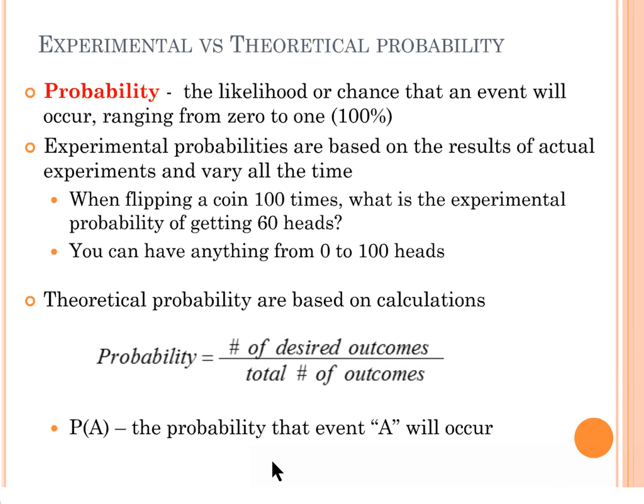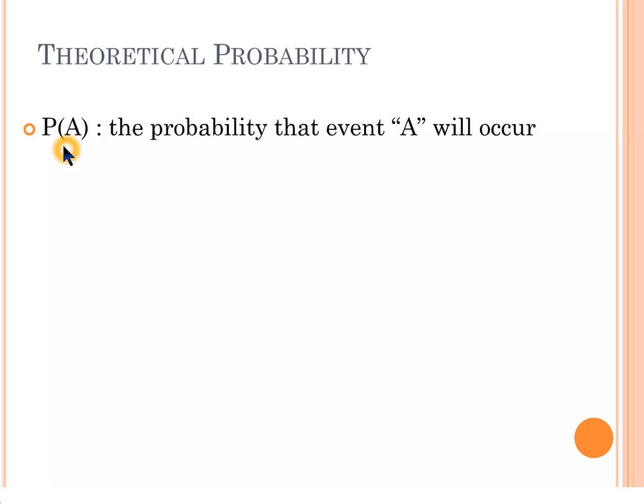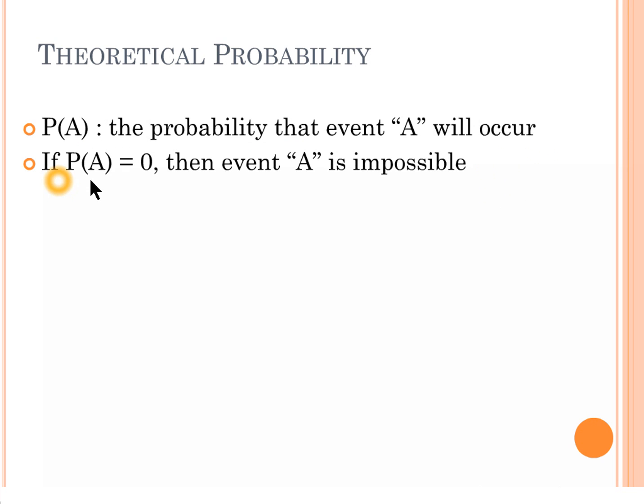Another type of symbol that you may see is P(A), and this means the probability that event A will occur. And we'll see this again in the next slide. All right, so theoretical probability. P(A) is the probability that event A will occur. If P(A) equals 0, this means that event A is impossible. It will never happen.